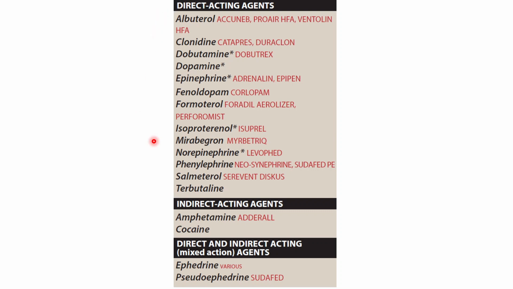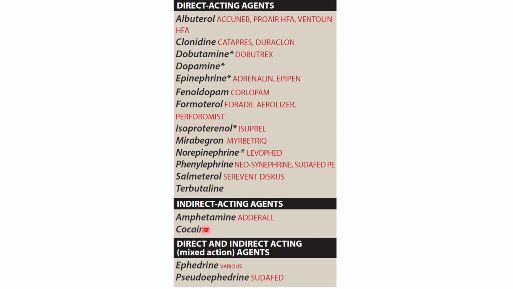Indirect acting adrenomimetics include completely indirect ones, like cocaine. Cocaine is not a drug, but a drug of abuse, but used for some procedures in ophthalmology in some countries.